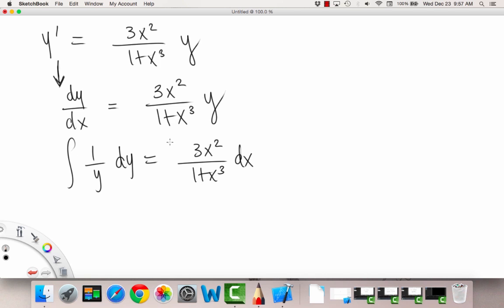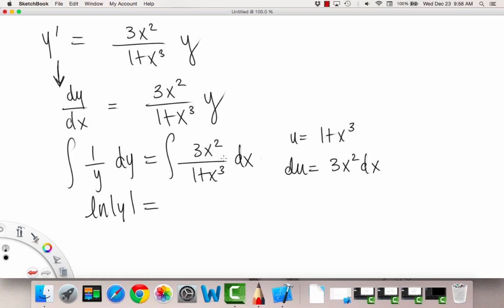Now we integrate on both sides respectively, so we get ln of y is equal to, and when we integrate this, we can do u substitution, where u is equal to 1 plus x cubed. This will be a nice u substitution, it's already set up for us. And du is equal to 3x squared dx, so we can replace those directly.